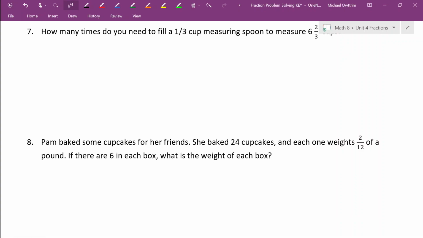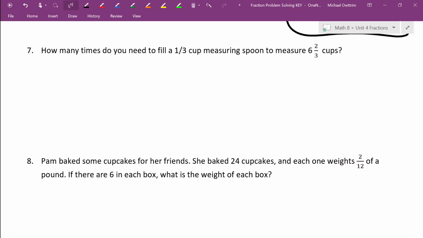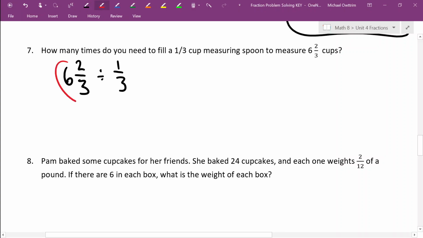How many times do you need to fill a 1/3 cup measuring spoon to measure 6 2/3 cups? 6 2/3 is the total, and we want to know how many groups of 1/3 fit into that. And so, of course, we're going to do 6 2/3 divided into groups of 1/3 each. In order to divide here, we want to create an improper fraction.